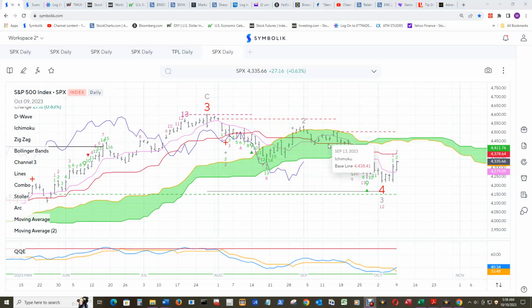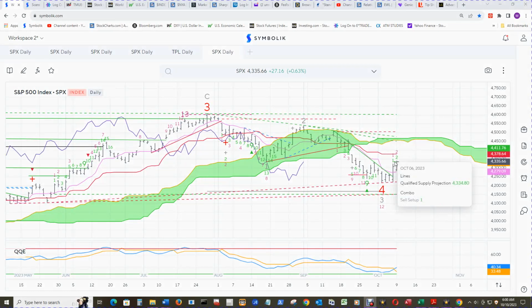And then the baseline heads down a little and is flat around 44.38 for several days. Conversion line bumps up 26 bars back. So this will be the next area of resistance when it gets through the bottom of the cloud to the upside.